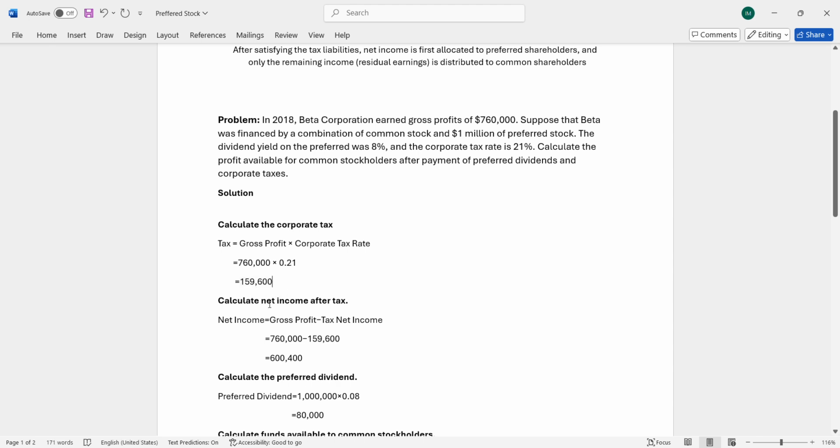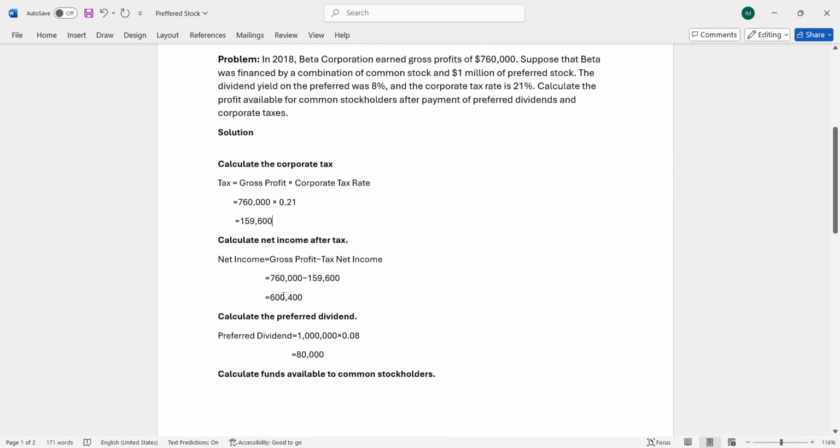So for the net income, we have to deduct this tax. From our gross profit we deduct the tax value, and now we have the available net income, 600,400.